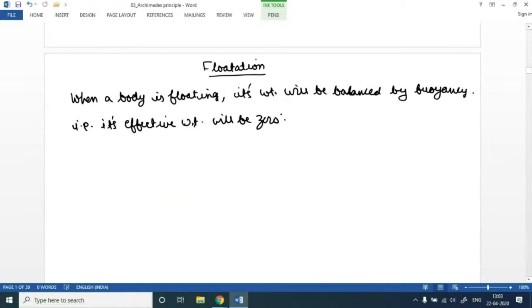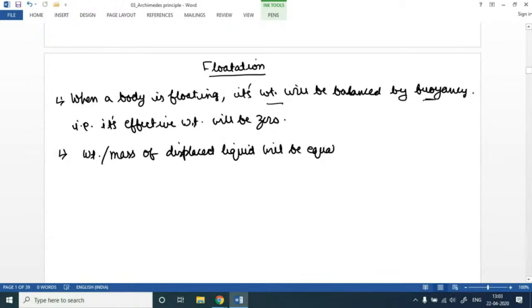Okay, and you must also realize this point is very, very important. If for a floating body its weight is balanced by the buoyancy, that means the weight or mass of displaced liquid will be equal to the weight or mass of the floating body.